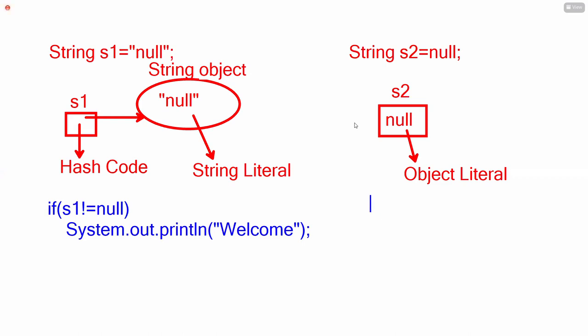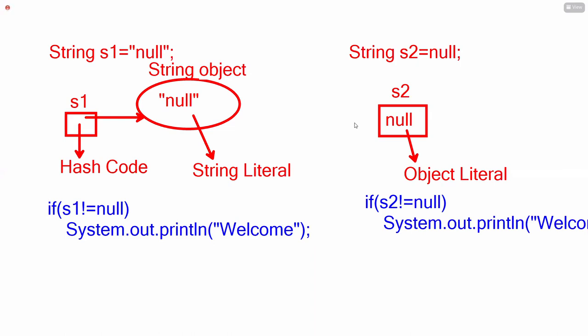If S2 not equal to null, System.out.println welcome. Now what will be the output? Here what is the output? Welcome. Here what will happen? Nothing.